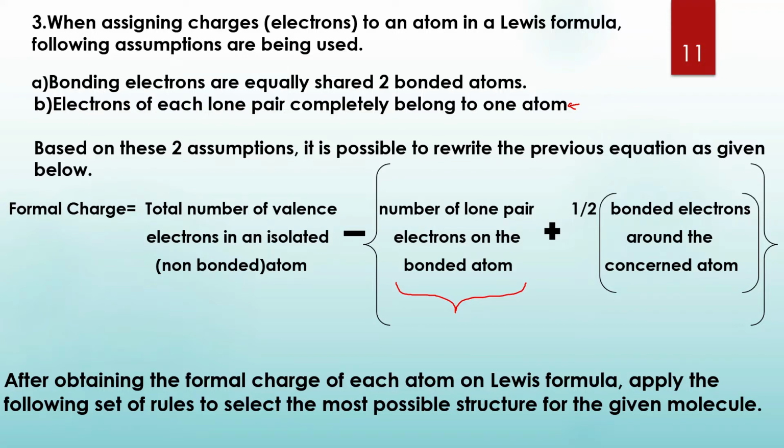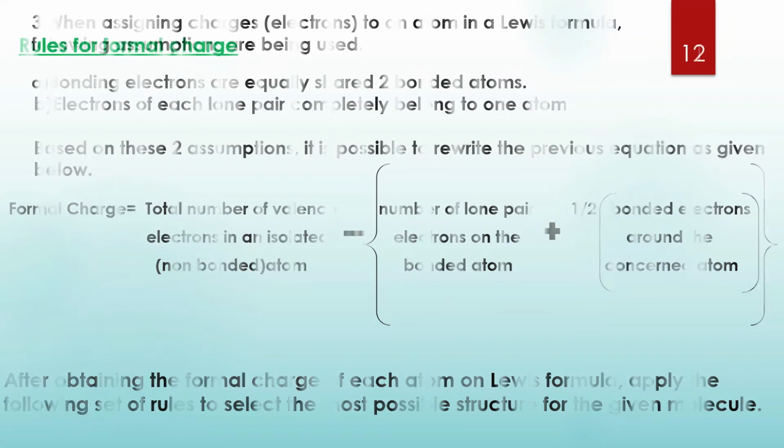Since we assume that bonding electrons are equally shared between two bonded atoms, out of the two electrons that make up a bond, one of them belongs to the atom we are currently taking the formal charge for. So that's why you put the half here. And then after you obtain the formal charge, you can apply the following rules to select the most suitable Lewis structure.